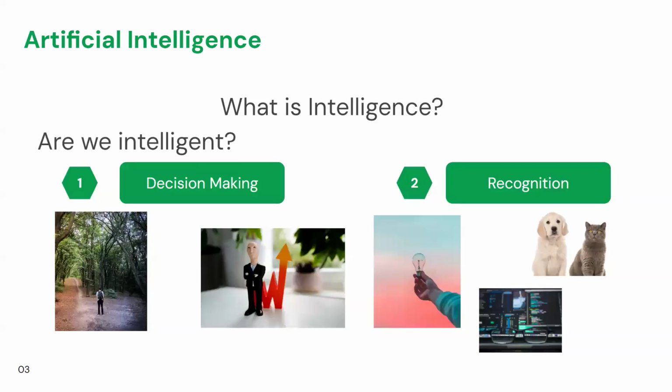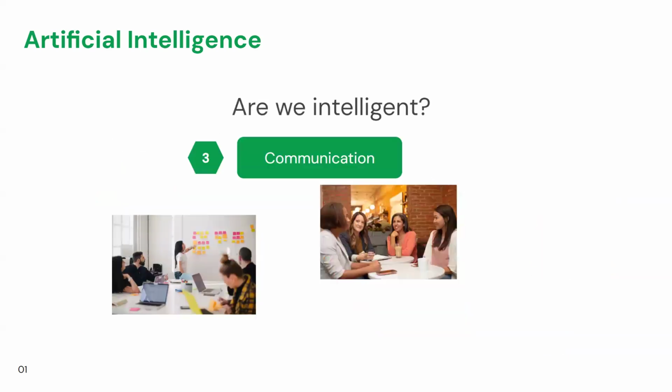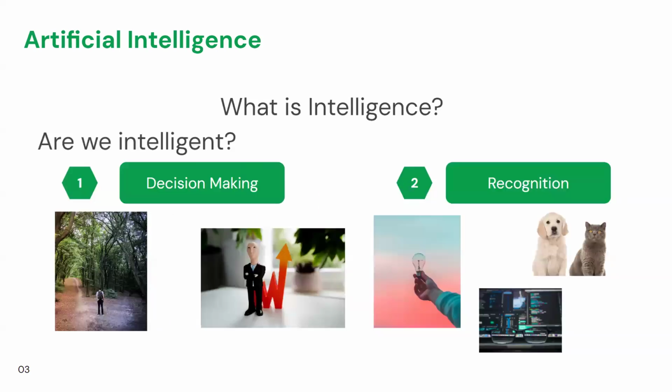When you say human intelligence, it is decision making, recognition capability, or communication capability. Applying that means making your machine communicate, make decisions, and recognize things. Providing that sort of intelligence to a machine is called AI.